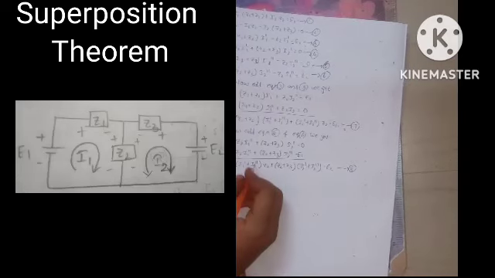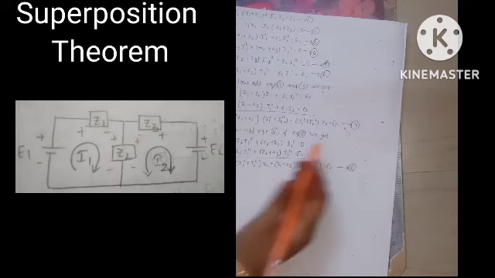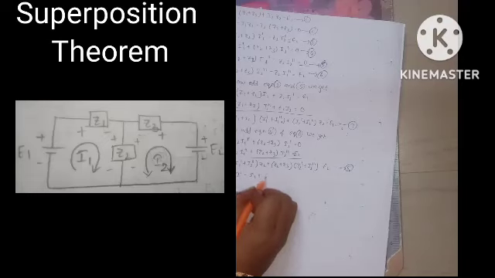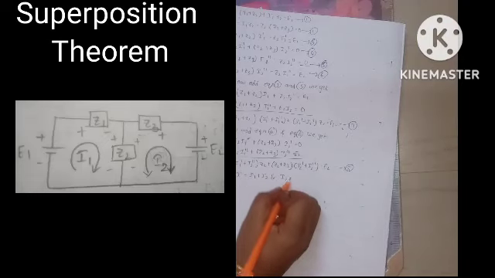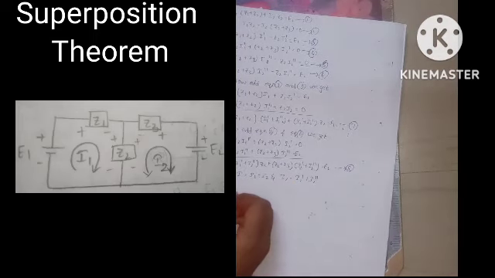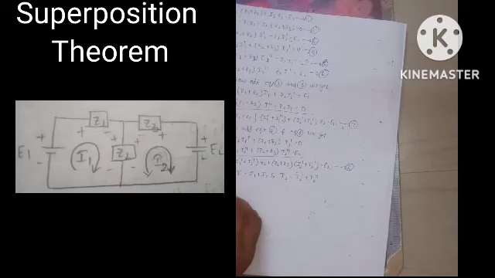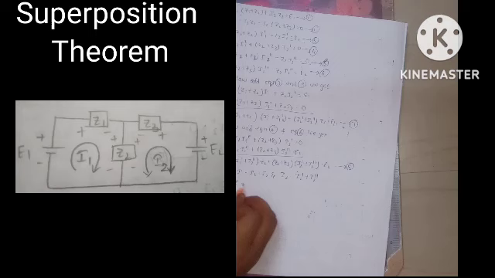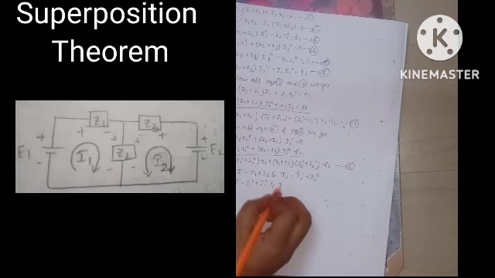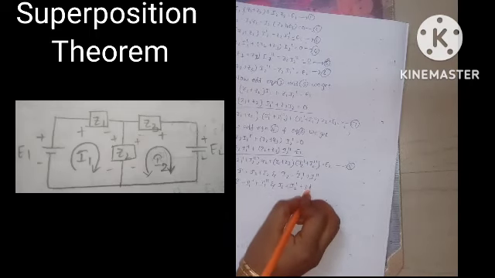Now by comparing equations 1 and 7, we get I1 is equal to I1 dash plus I1 double dash, and I2 is equal to I2 dash plus I2 double dash. Now by comparing equations 2 and 8, we get the same.